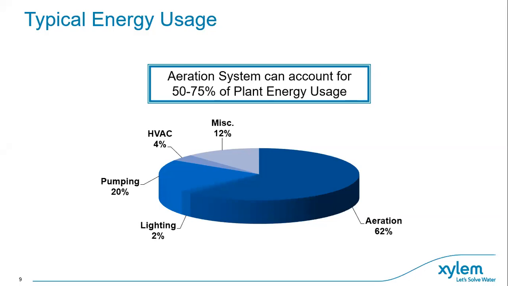It's made up of power for things like mixers for use in anoxic and anaerobic zones. So as such a large portion of the energy usage, we feel that the aeration part is a good place to be optimizing process performance and gaining efficiencies to reduce the total overall power use for your plant.